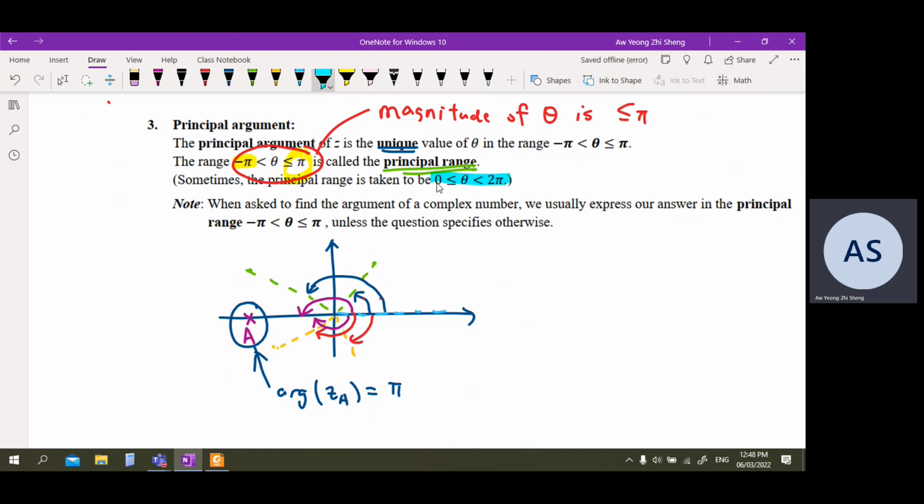But this is very rare to happen in our exam questions. Sometimes, if you look at some other books, some questions, they do take the principal range to be between 0 and 2 pi. But by default, if the question doesn't say anything about the principal range, we are going to take minus pi to pi. So this would be the default principal range.